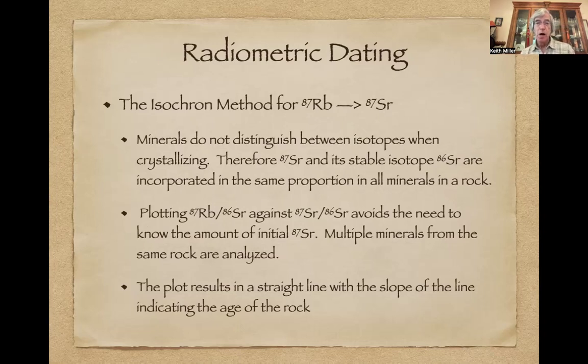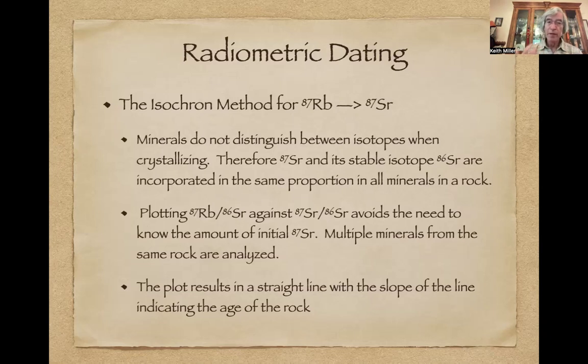And strontium 87 is the daughter product, produced by radioactive decay, but the crystal can't tell the difference between those two isotopes. So when the mineral crystallizes, it will incorporate whatever strontium is around in the environment in the proportions of those isotopes. It doesn't change the concentration or proportion of those strontium isotopes as it can't tell the difference.